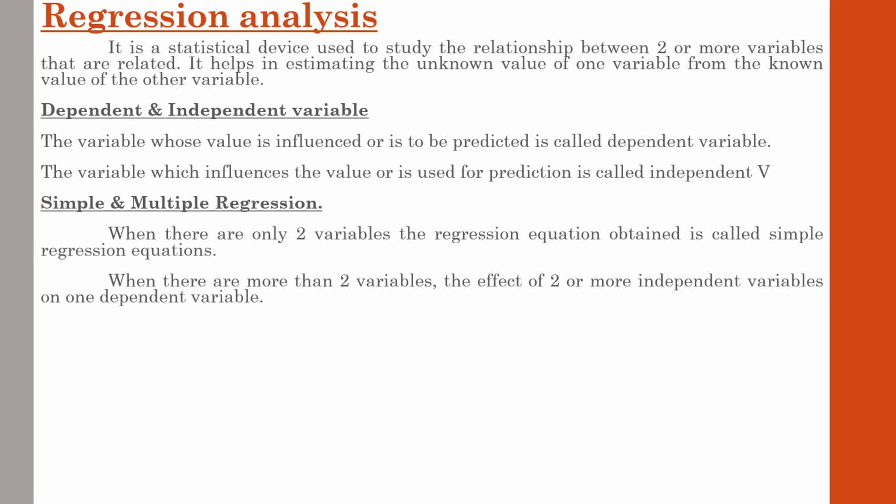Regarding the term here, you can see that an equation is being used. In regression, unlike the correlation method, you will be identifying an equation. Usually it will be two equations, sometimes one equation.